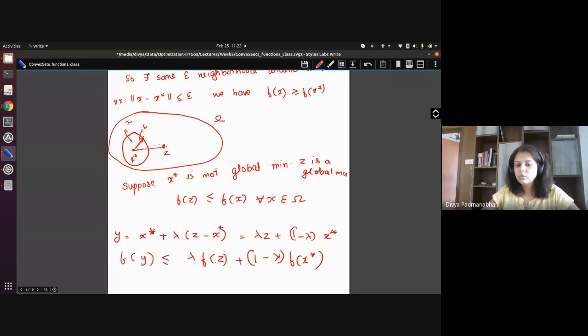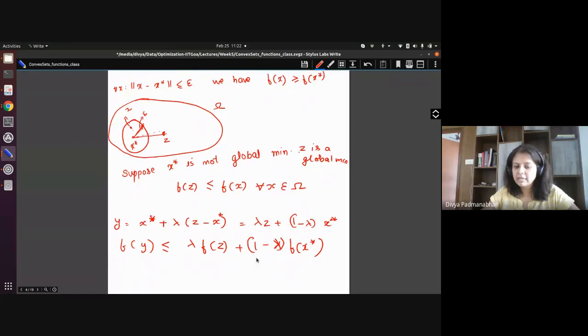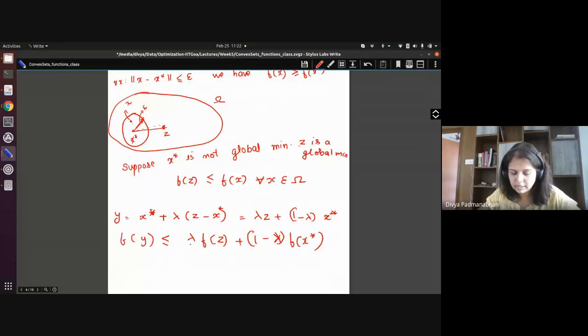This is true by convexity. Now f of z is going to be less than or equal to f of x star, because f of z is less than or equal to f of x for all x in omega, and in particular this is true.